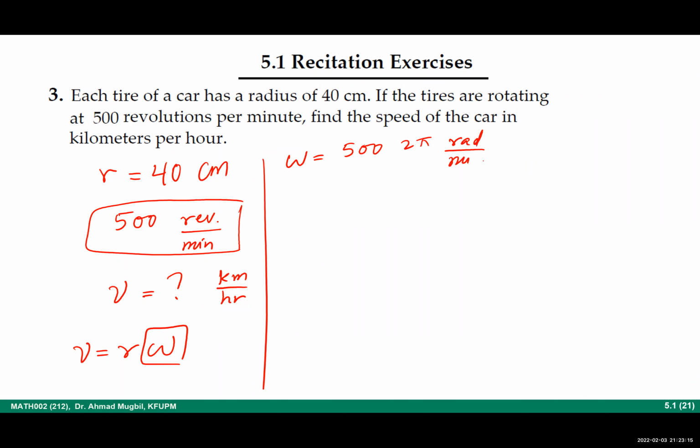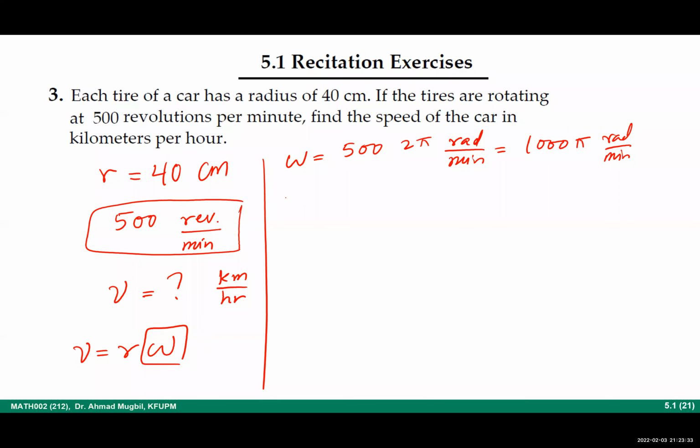Per minute, this is indeed 1000 pi radians per minute. Don't forget pi. Now this is omega.